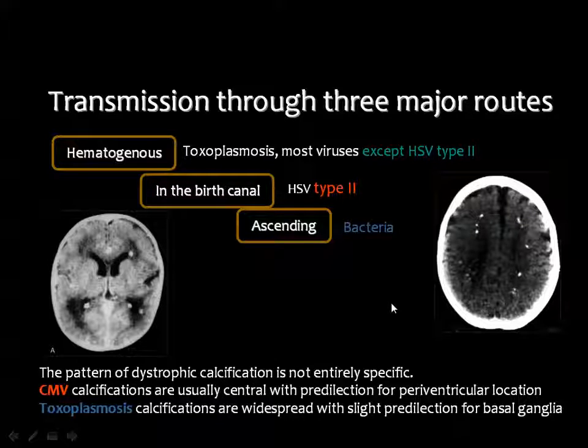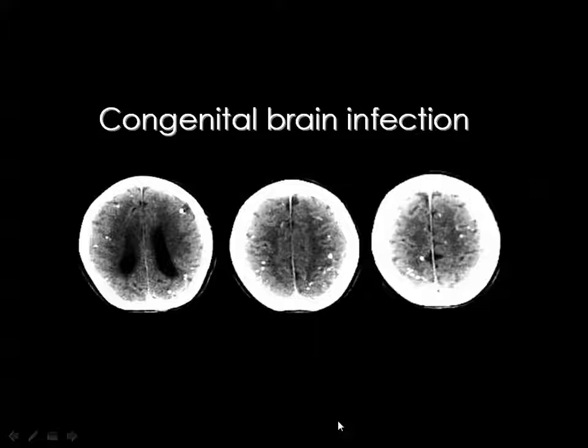These rules usually say that if the calcium is relatively away from the wall of the ventricle, distributed mainly in the basal ganglia area with periventricular distribution, you may assume the possibility of toxoplasma. But if the calcium is intimately related to the ventricular wall, meaning that it is mostly subependymal in location, then you may assume the possibility of cytomegalovirus infection.